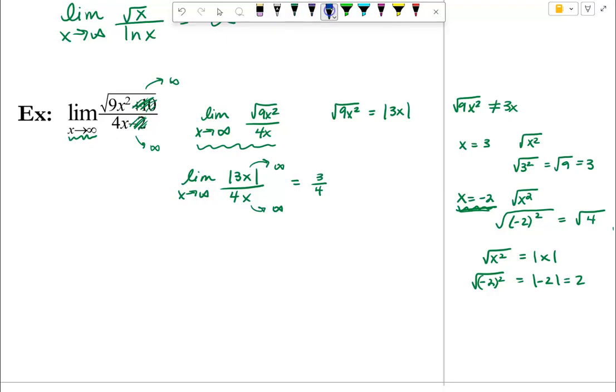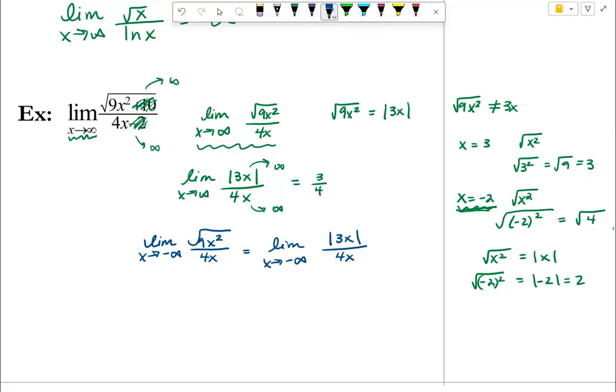But I just want to point out how that could have been different. Let's say that we evaluated the limit as x approaches negative infinity of the square root of 9x squared over 4x. Again, this would be the same as the limit as x approaches negative infinity of the absolute value of 3x over 4x.